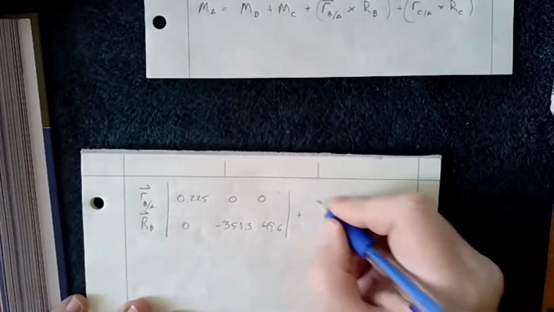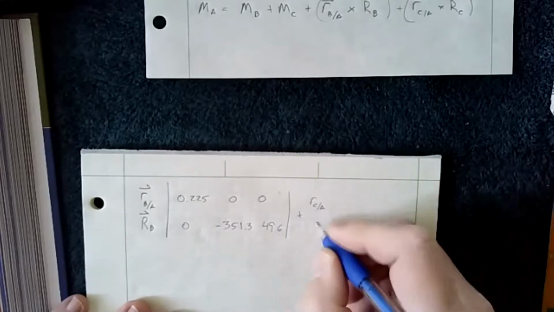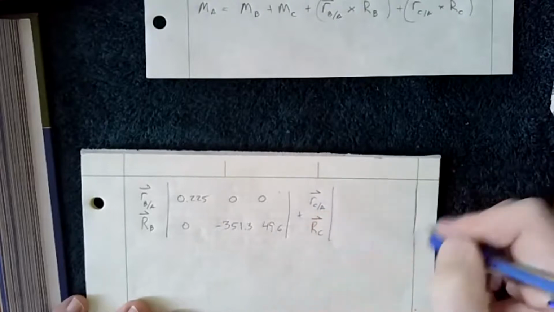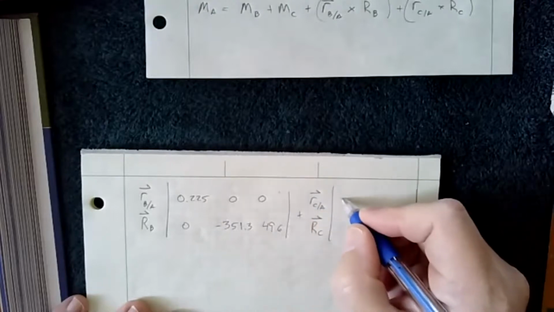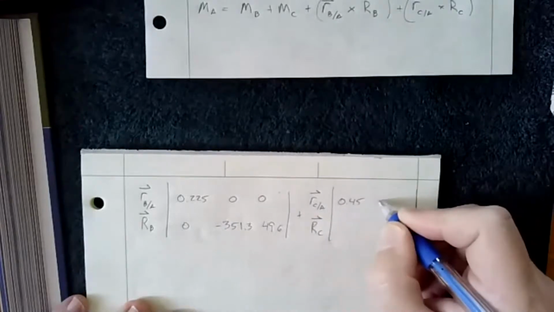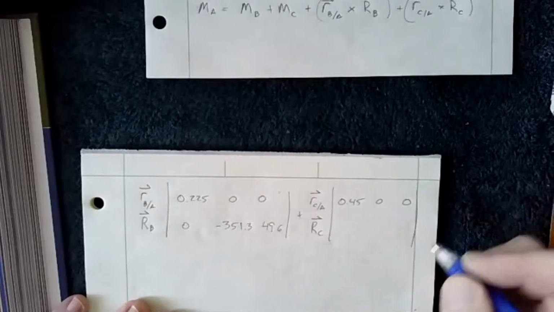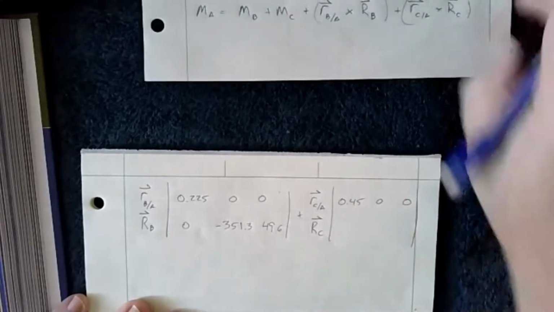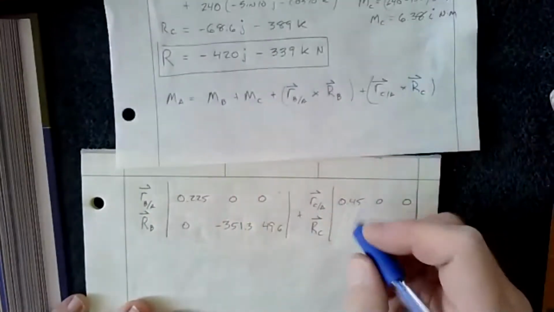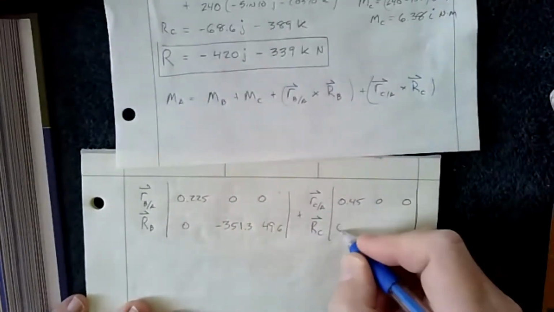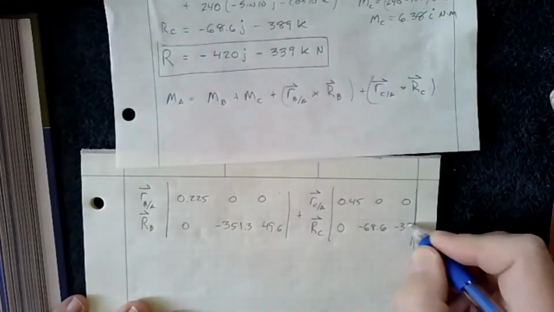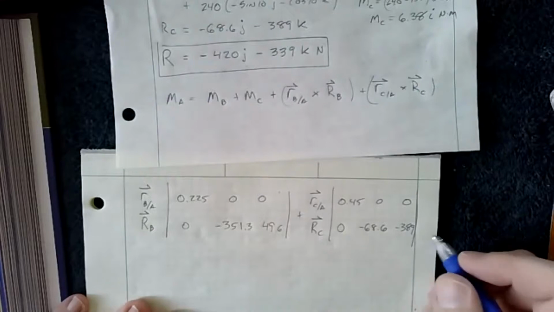Then we're going to add to that R_C relative to A and the force at C. In that case, the distance is 450 millimeters, or 0.45, and then 0 in the J and the K. And then the force at C we just apply, and there's that. So we have 0, negative 68.6, and negative 389.